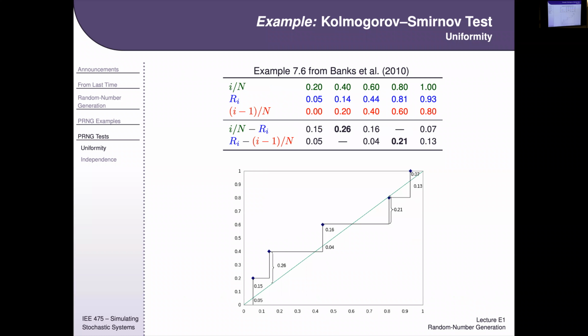And so the way that looks is, if I were giving you a bunch of numbers, this blue row, the RI row, these have already been sorted in this middle row here.